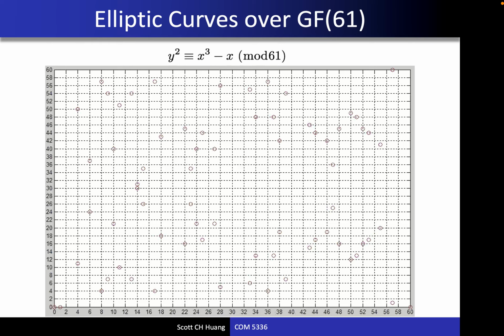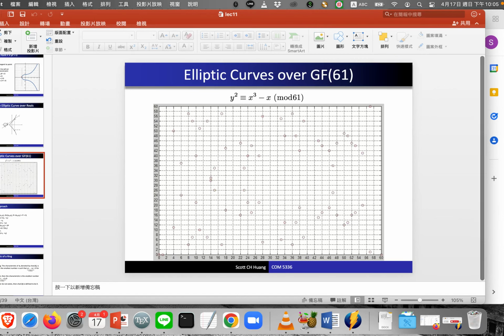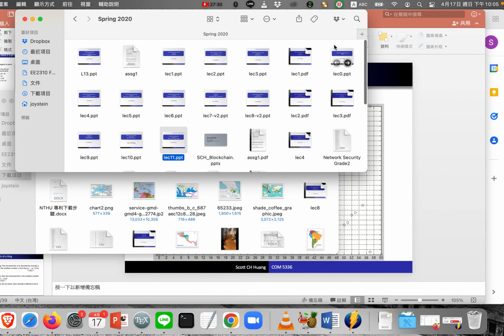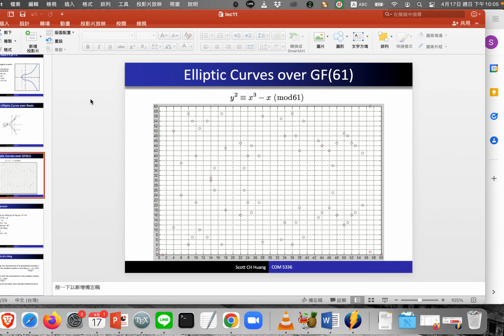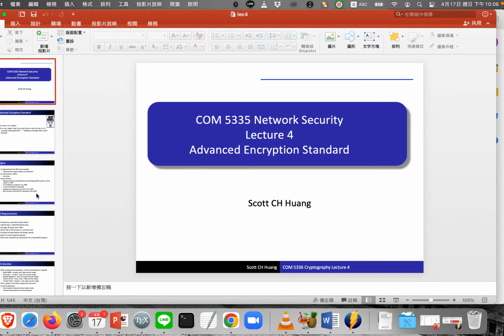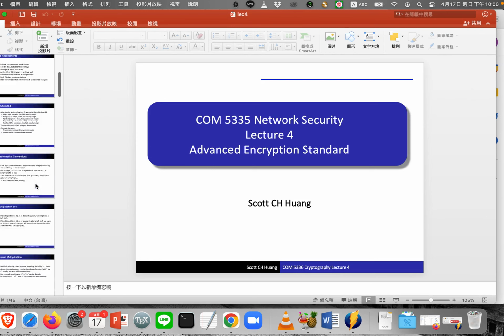And in the field we just introduced in AES, maybe we can take a look. AES, I think it's lecture 4. Okay, let's take a look. The GF256, GF256.